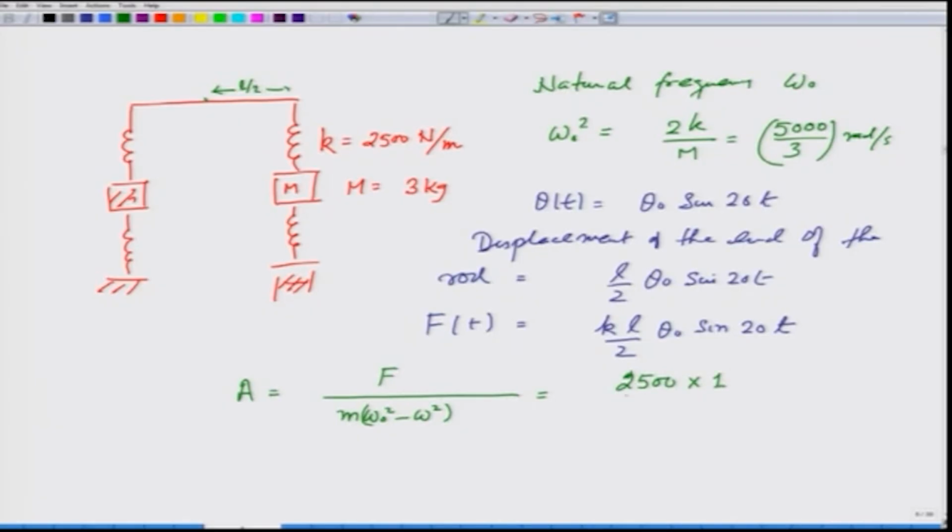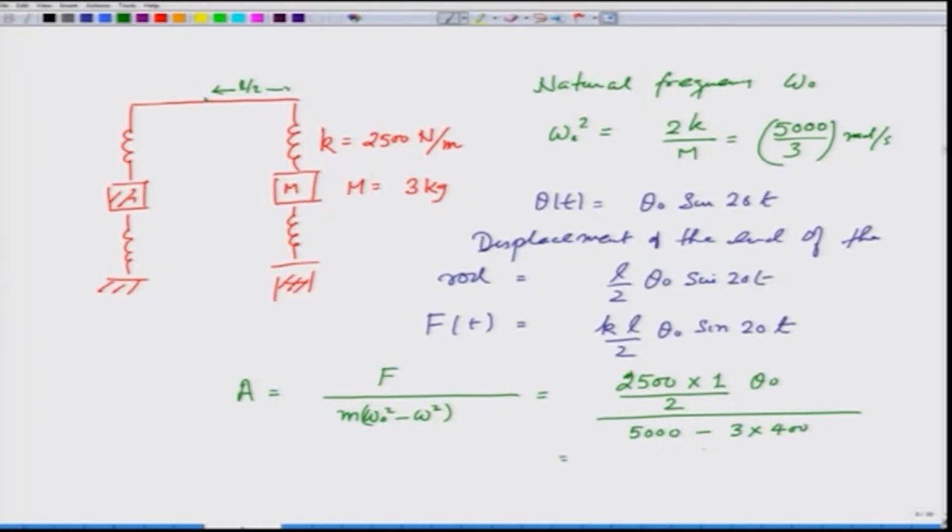So, this is 1 divided by 2, that is the maximum force, theta 0 divided by m omega 0 square, which is 2 K, which is nothing but 5000 minus m omega square, which is going to be 3 times 400.